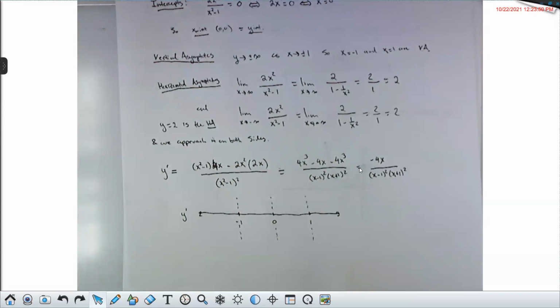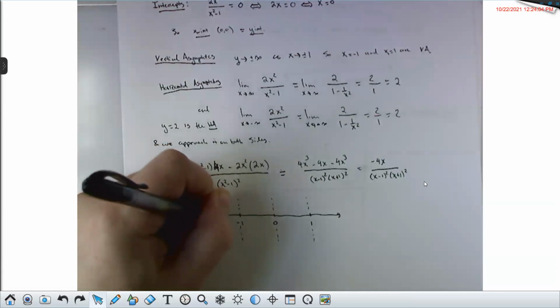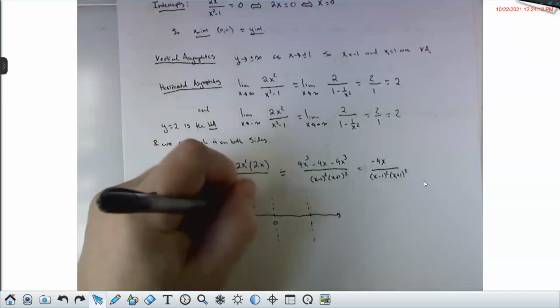To the left of negative 1, we could test something like negative 2. The top would be positive, and both of these factors are always positive. As we jump over the negative 1, because it comes from this even multiplicity factor, we would not change sign.